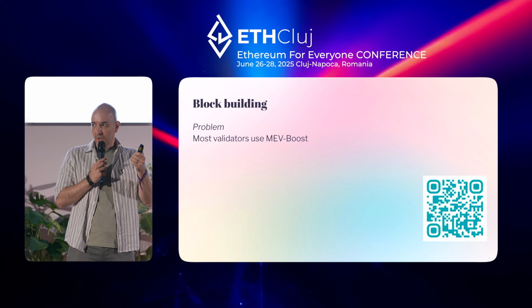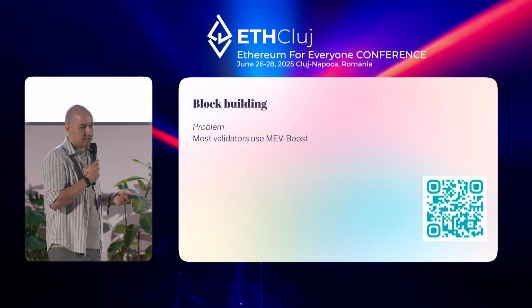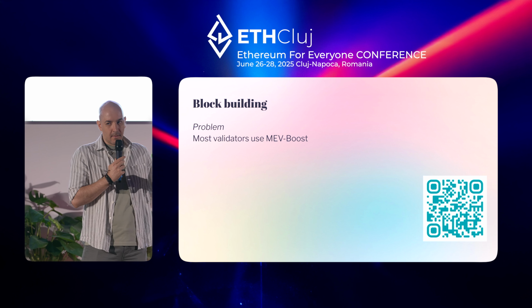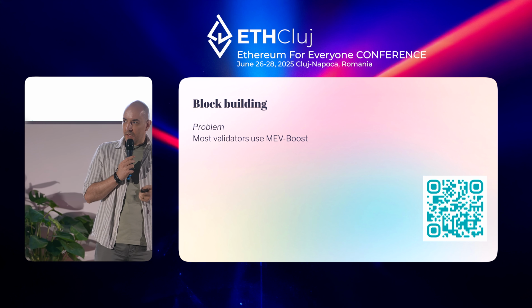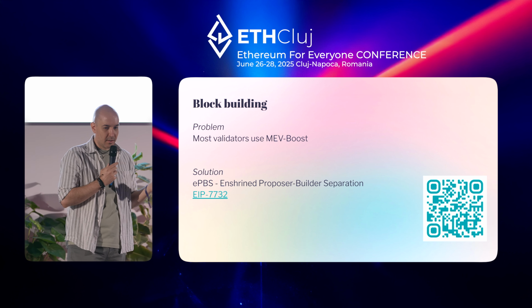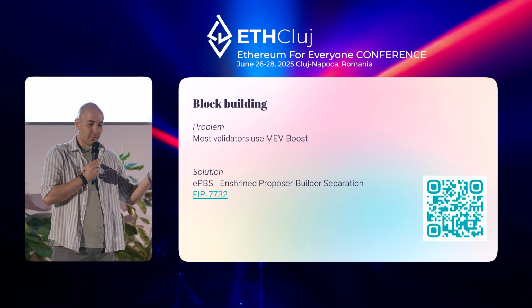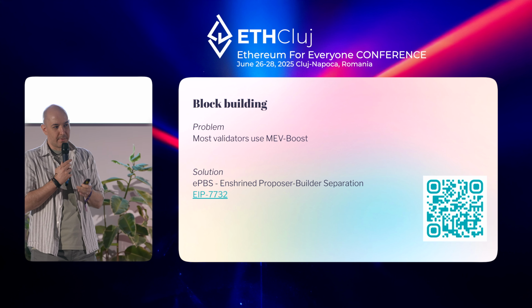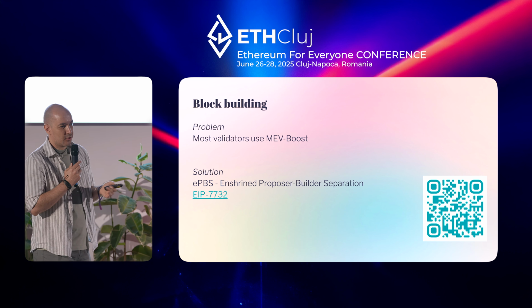The idea is to do something like that, but enshrine it as part of the Ethereum protocol. Currently, this is outside of the Ethereum protocol, and you have trust assumptions on it. ePBS stands for Enshrined Proposer-Builder Separation, where all this idea of having separate entities that do block proposing and a separate entity that does block building is enshrined as part of the Ethereum protocol.